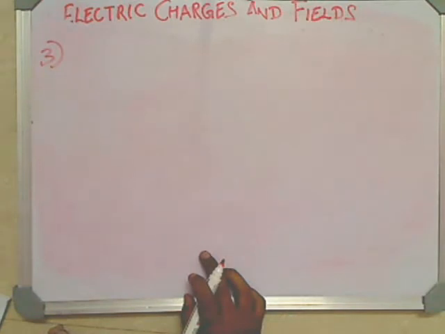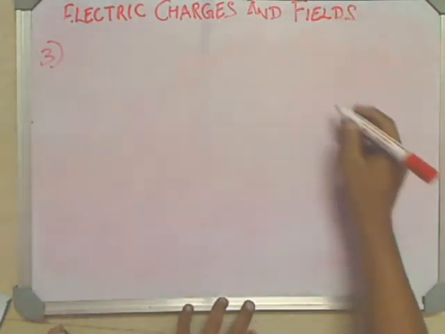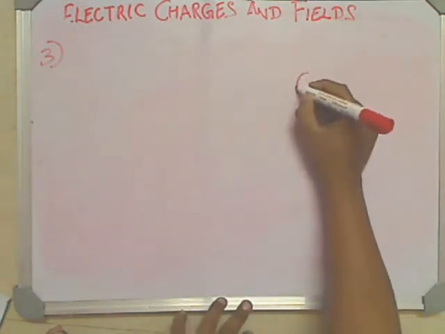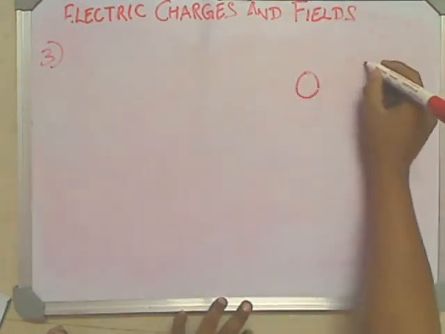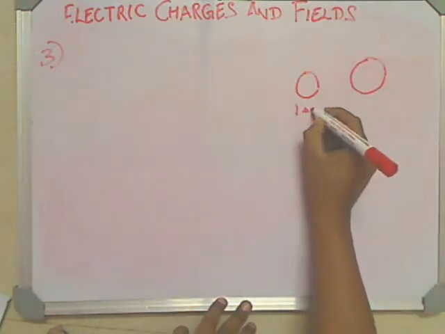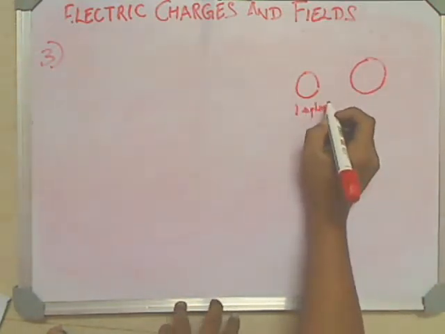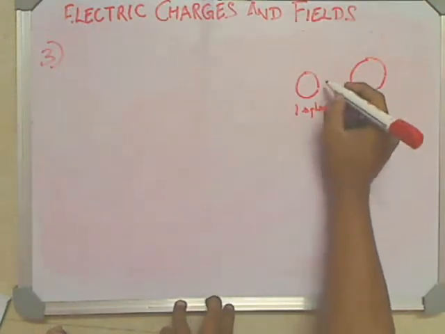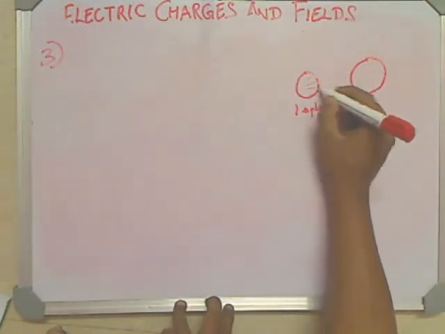Now, if you consider the first case, that is, the radius is doubled, what is the flux through the surface? Now, let's consider one sphere here and another one here. Now, this is the first sphere. The question says, there is an electric flux here, that is, you have electric lines of force here.